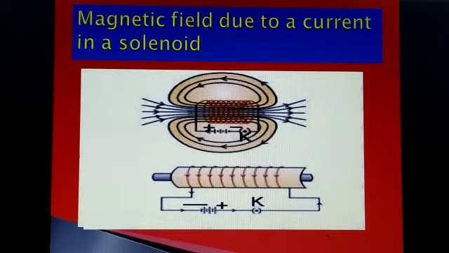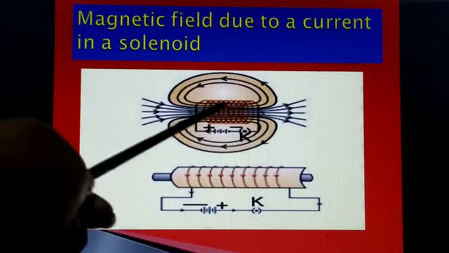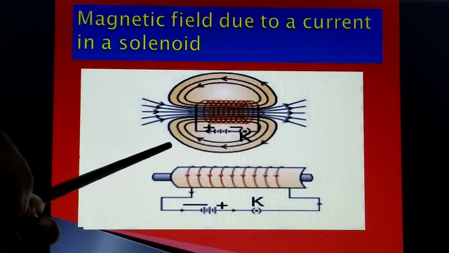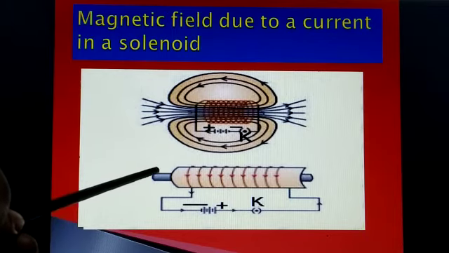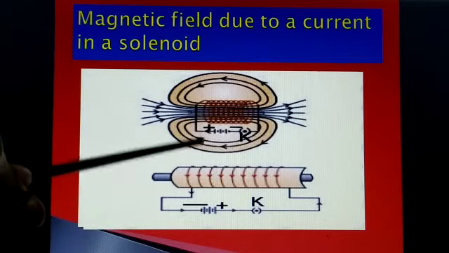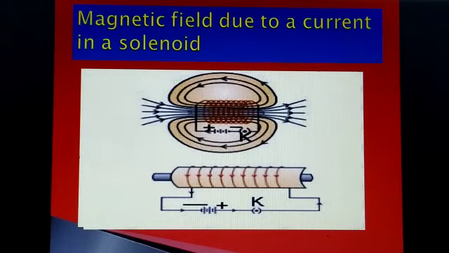We can increase the strength of magnetic field in a solenoid by inserting magnetic material inside the solenoid, like iron or soft iron. That will increase the magnitude of magnetic field in a solenoid.